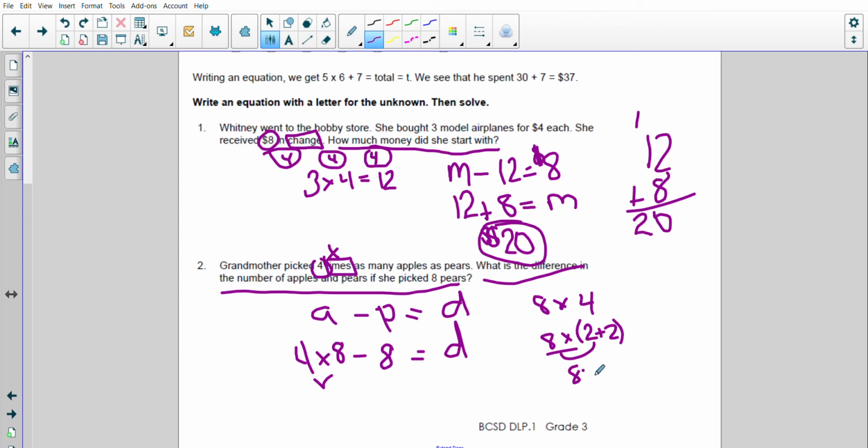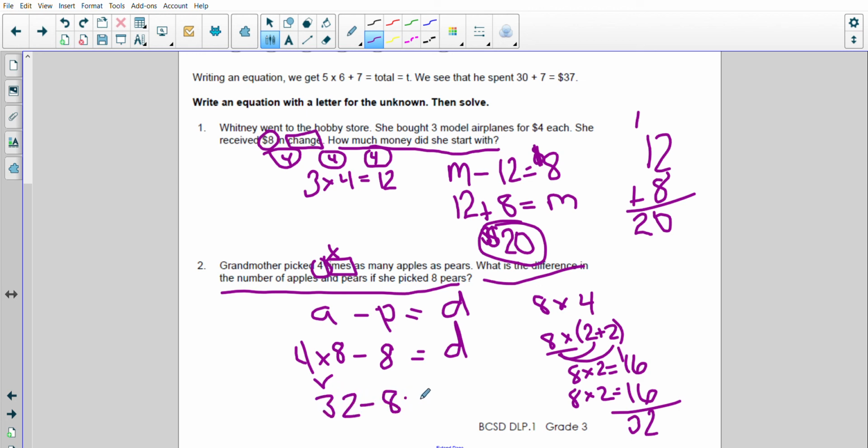So I have 8 times 2, which is a total of 16. I have that twice. So 8 times 2 also equals 16. 6 plus 6 equals 12. Regroup 1, 2, and 3 for a total of 32.